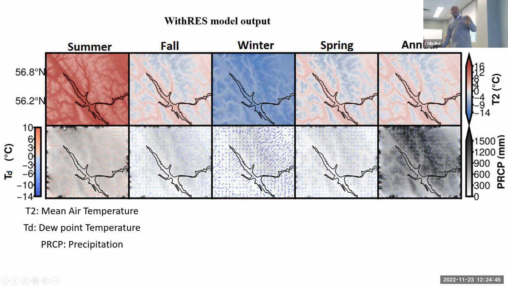So if you look here, I don't know if the audience is catching this scale, because it's blocked a bit. But you find that there's some consistency, because this, I think, reaches up to 16 degrees in summer. And looking at the TD, which is the dew point, dew point is the temperature at which the air is saturated.